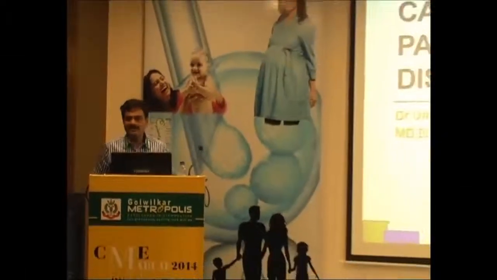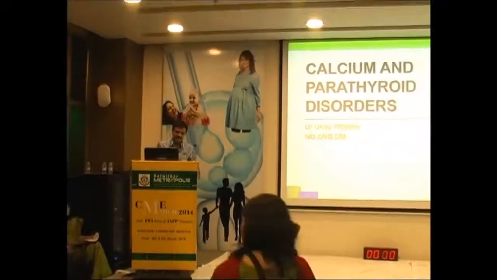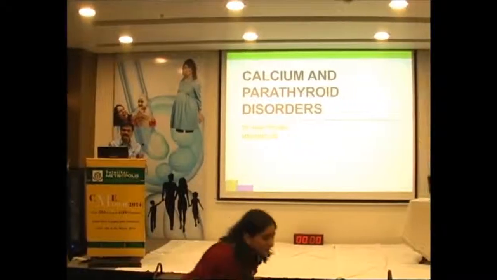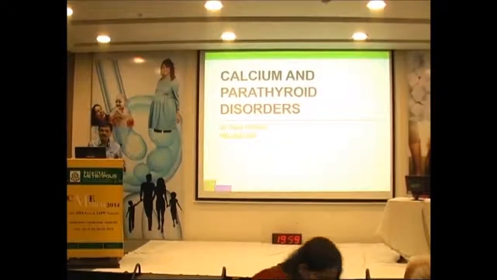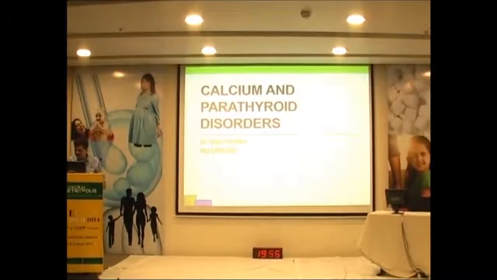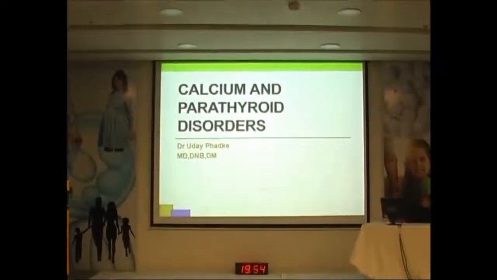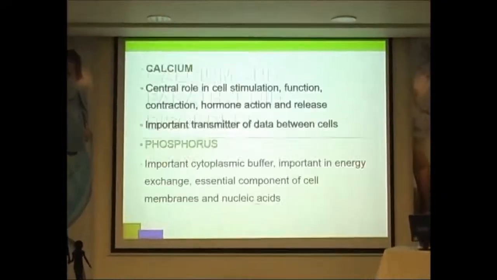Two other important aspects of this whole metabolic process, which is a combination of calcium, phosphate, parathormone, vitamin D. This is the whole conundrum of what test we should be talking about.